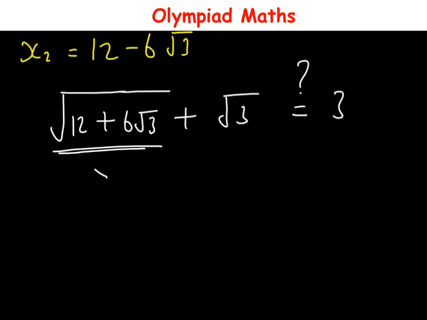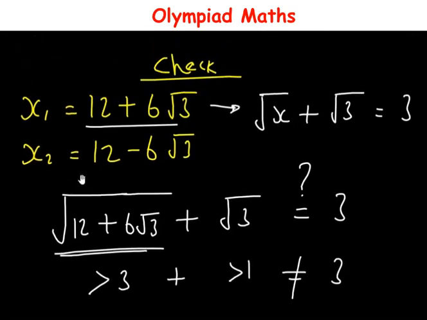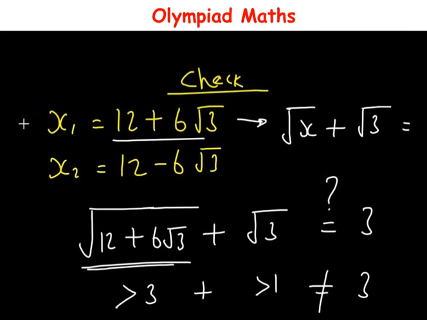The value of the square root of 12 plus 6 root 3 will be greater than 3, and if you add the square root of 3, the sum will be greater than 1. Now, a value greater than 3 plus a value greater than 1 will not be equal to 3. So therefore, x1 is not the correct solution.